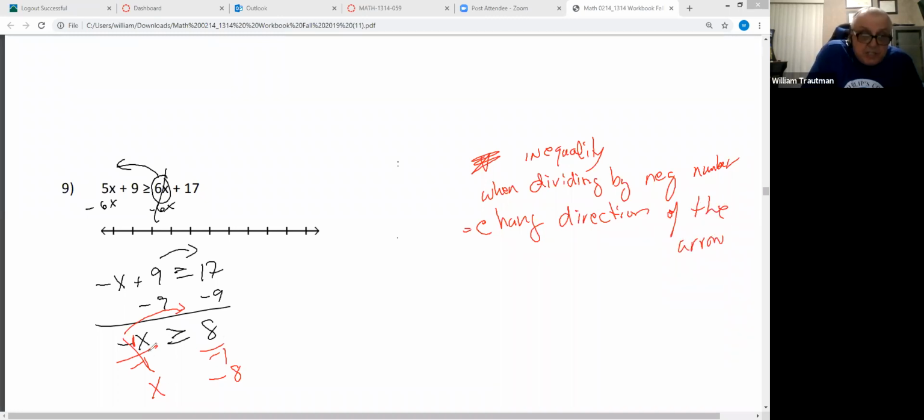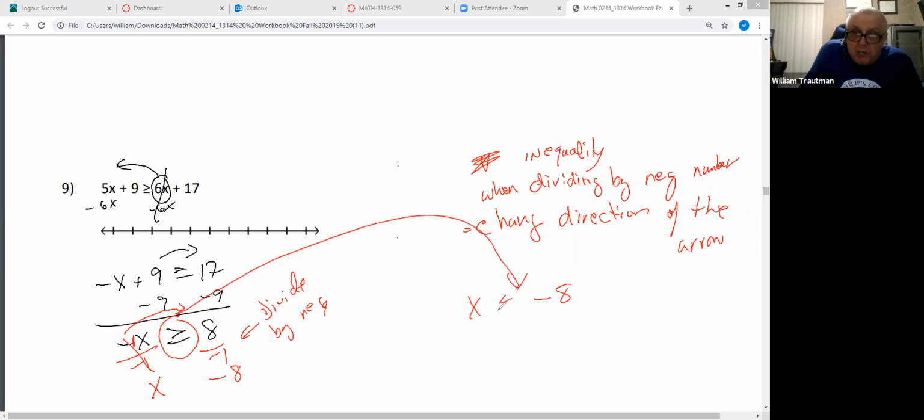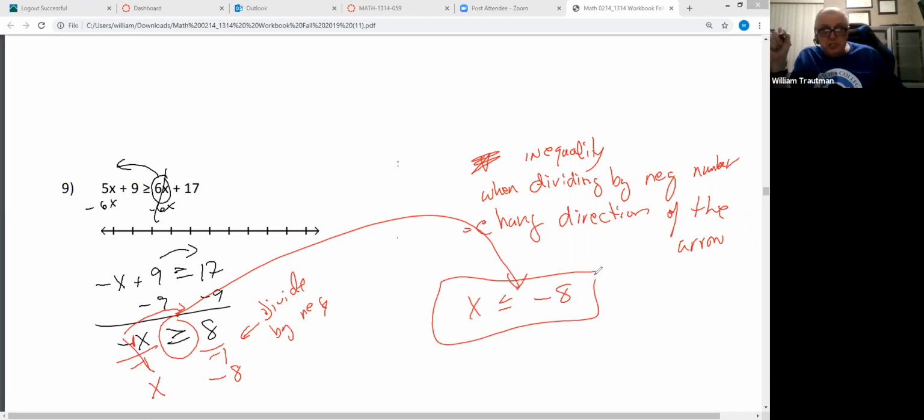So do you see I divided by a negative number, and I get x and negative 8, but the arrow has to change direction. Only when you divide by a negative number, the arrow changes direction. That's why I said try to keep the x positive, then you don't have to change the direction.